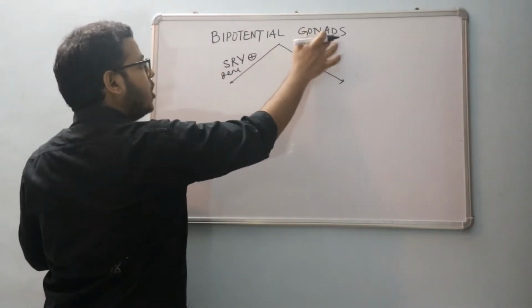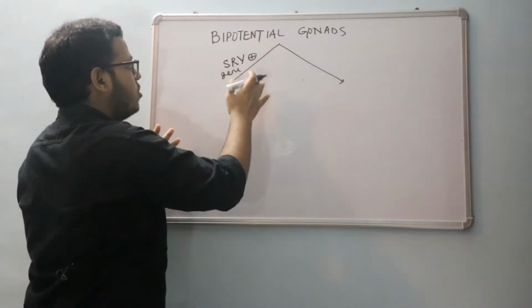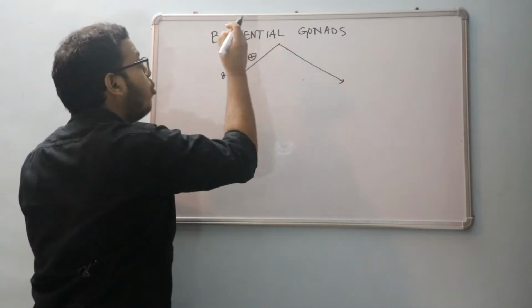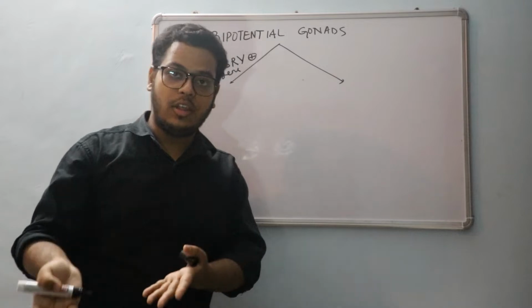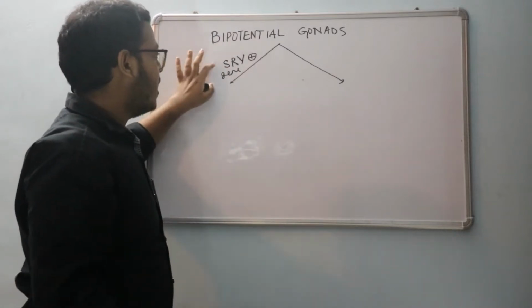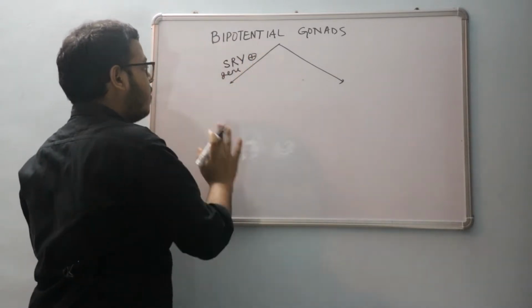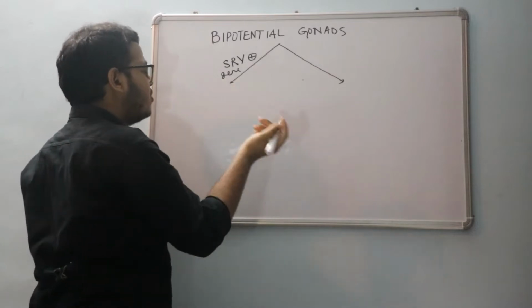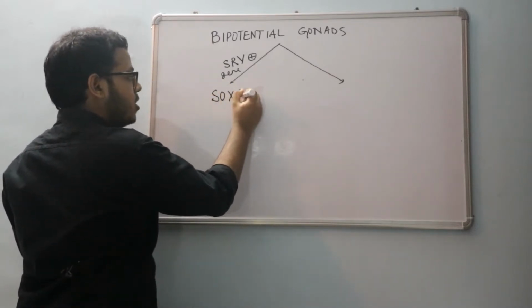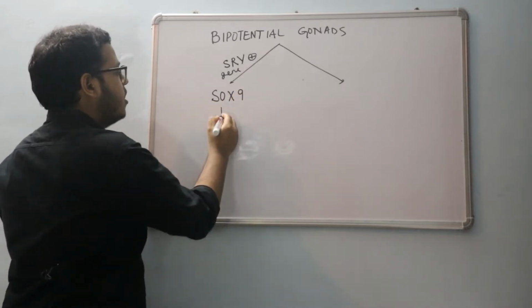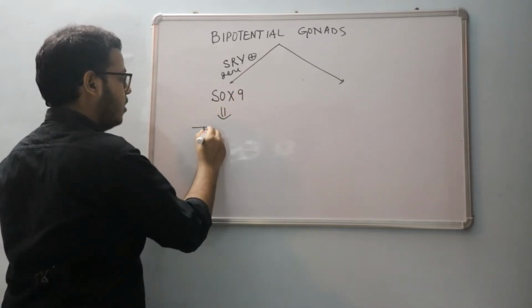Meaning the bipotential gonads. Why is it called bipotential? Because it has the potency to form two structures, either the testes or the ovary, and that is dependent upon the SRY gene. If the SRY gene is present, then there is one more gene that helps along with the SRY gene, that is the SOX9 gene, and we will get the testis.